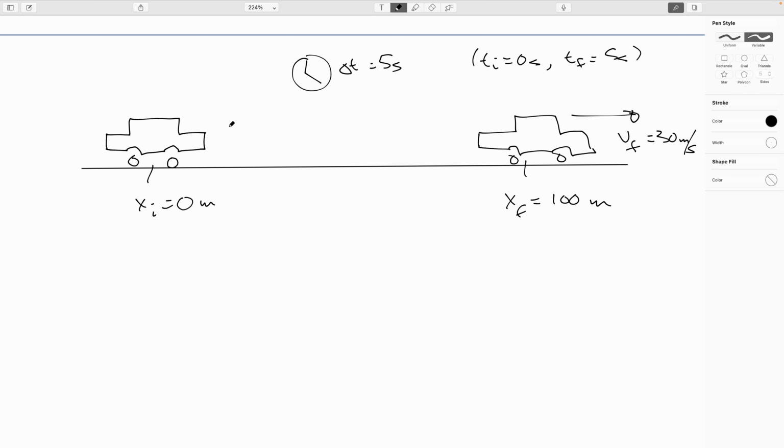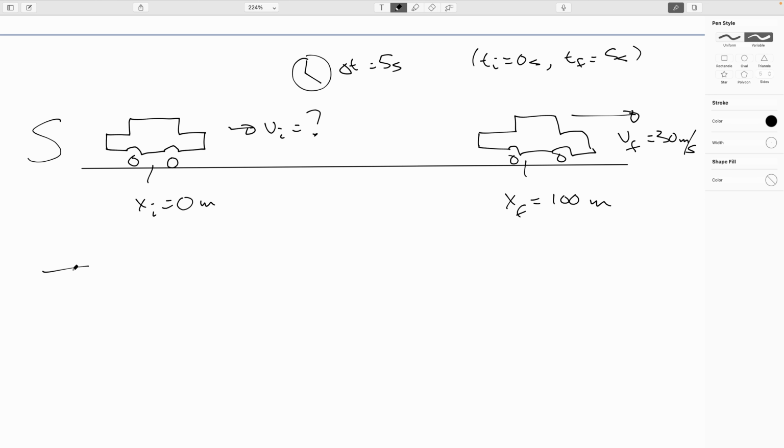And what we're being asked to find is what was the initial velocity of the car. So there's my situation. I drew the picture and I identified what I knew and what I was being asked for. So in this case, I'm being asked for the initial velocity. I have the final velocity.